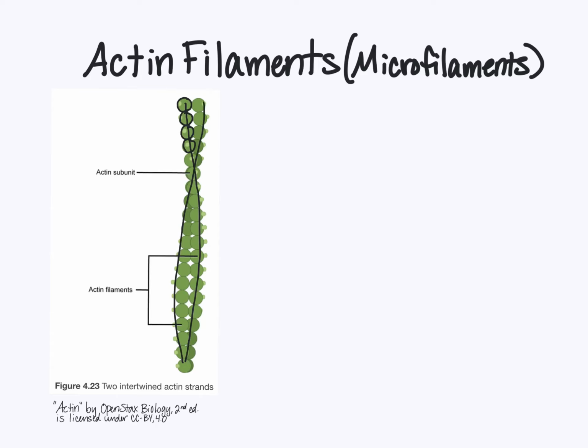So oftentimes actin filaments, they either form these kind of long stringy proteins, or sometimes they form a mesh. And when they form this mesh-like network, it helps to provide structural support for the cell membrane.